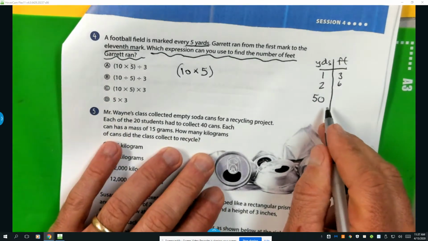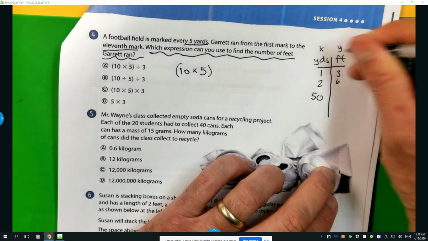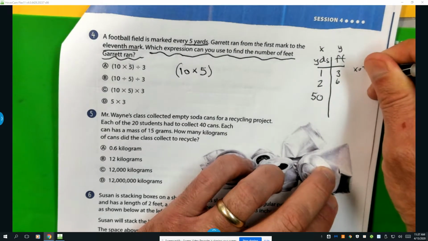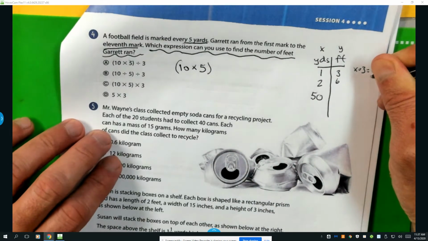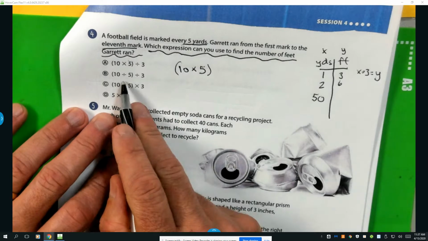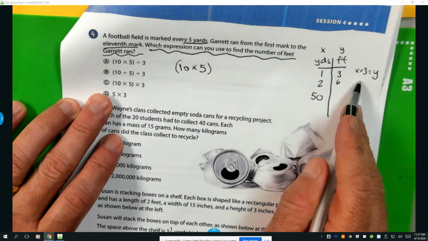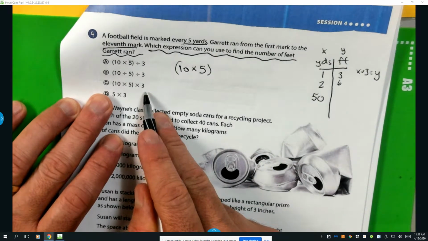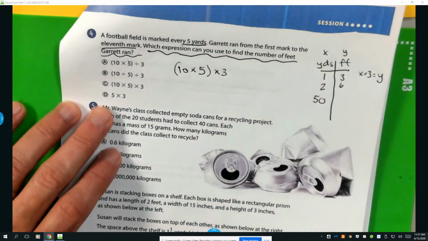And what would 50 yards be? Because if we are going from the x side to the y side, it would be x times 3 equals y. So I know that I'm going to go right here, 10 times 5, and then I'm going to multiply it by 3 to figure out my feet. 10 times 5 times 3.